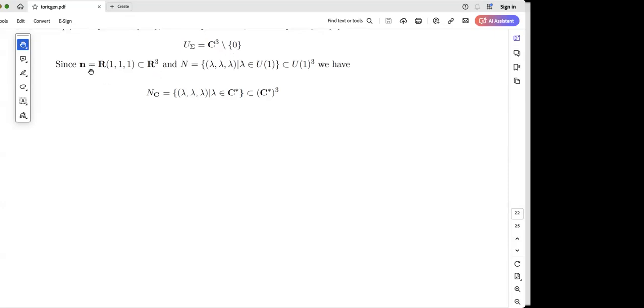So since script n is equal to R(1,1,1) subset R3, and N is equal to U1 embedded diagonally in U1 to the 3, we have N_C is equal to C star embedded diagonally in C star to the 3.